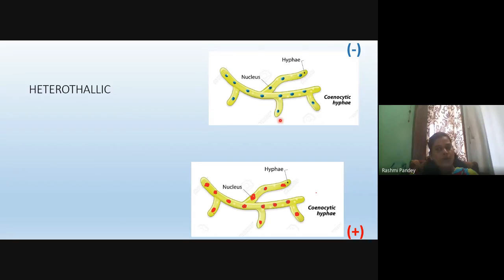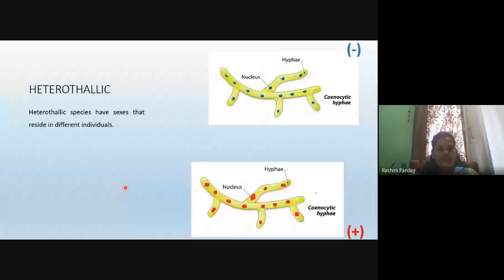Asexually, they are capable of reproduction, they can produce spores, they can survive, but for sexual reproduction, these two kinds of strains should be available. Such sexual reproduction, where two different kinds of thallus are involved, is called heterothallic.